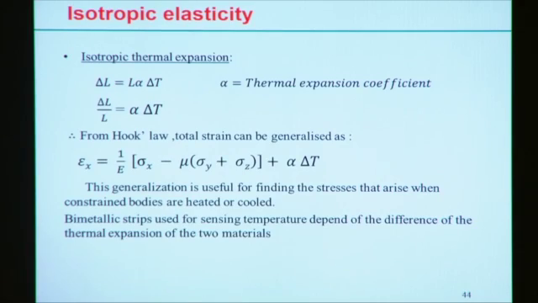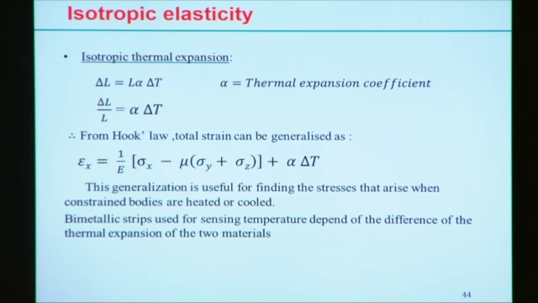Now, a further extension of isotropic elasticity is when we consider a thermal extension that produces some amount of thermal strain. If there is a temperature difference applied within the body itself, then the increment of length, or the linear strain, can be represented in terms of the thermal expansion coefficient alpha and the temperature difference.